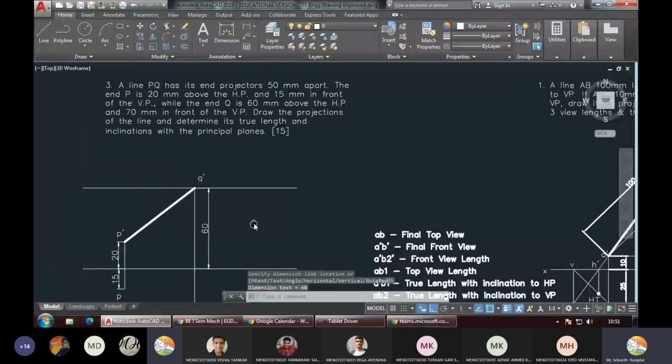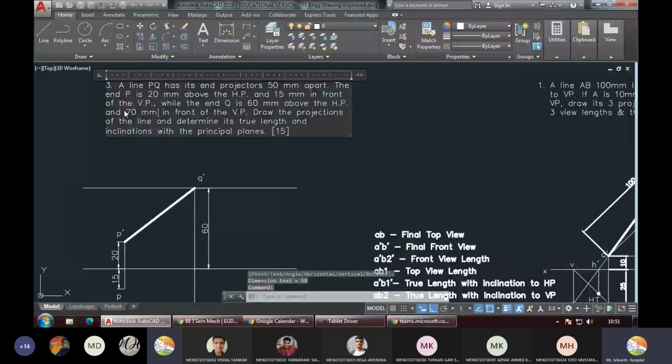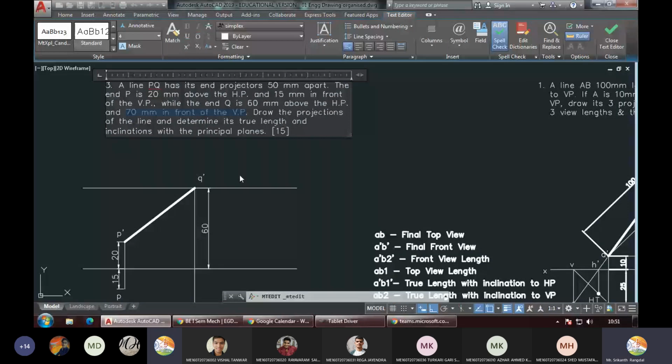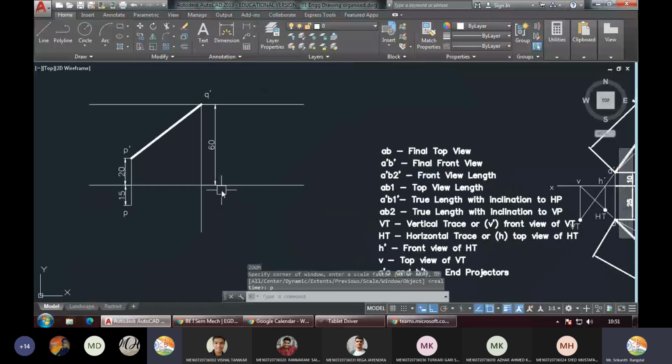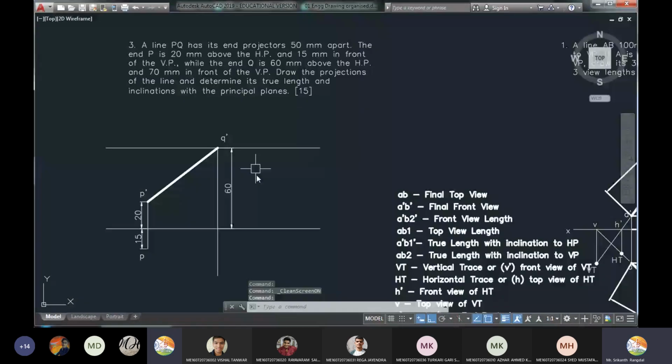You see, 70 mm in front of VP. That means the top view of Q should be 70 mm in front of VP. So from the XY line, I have to take 70 distance.